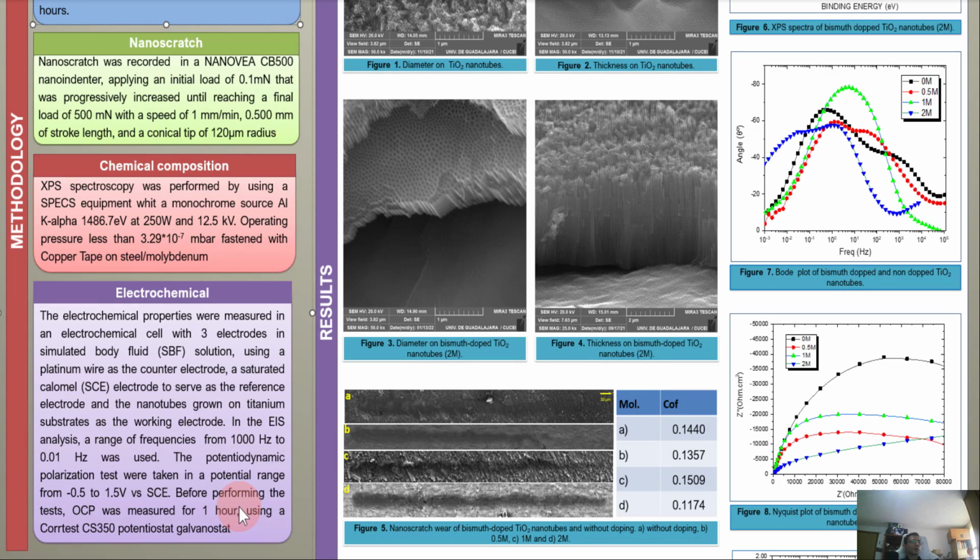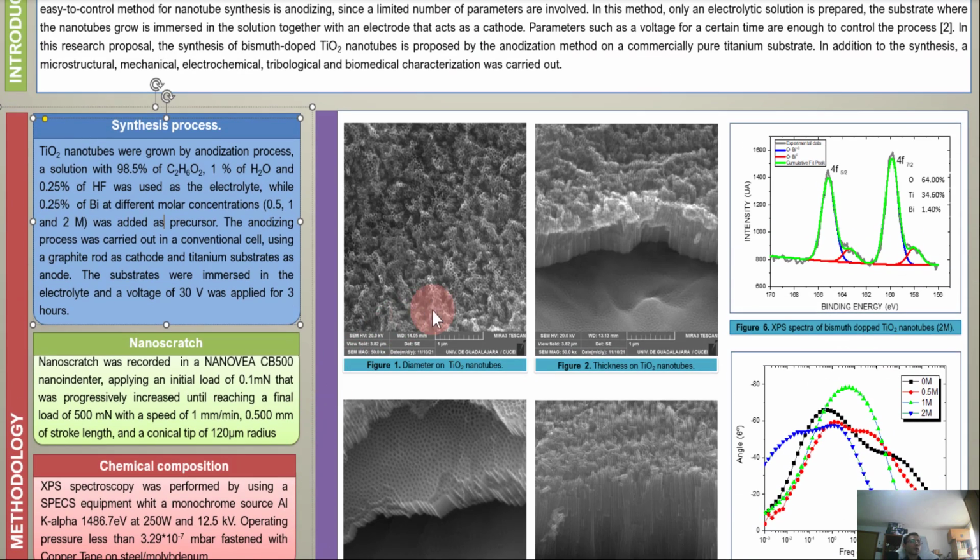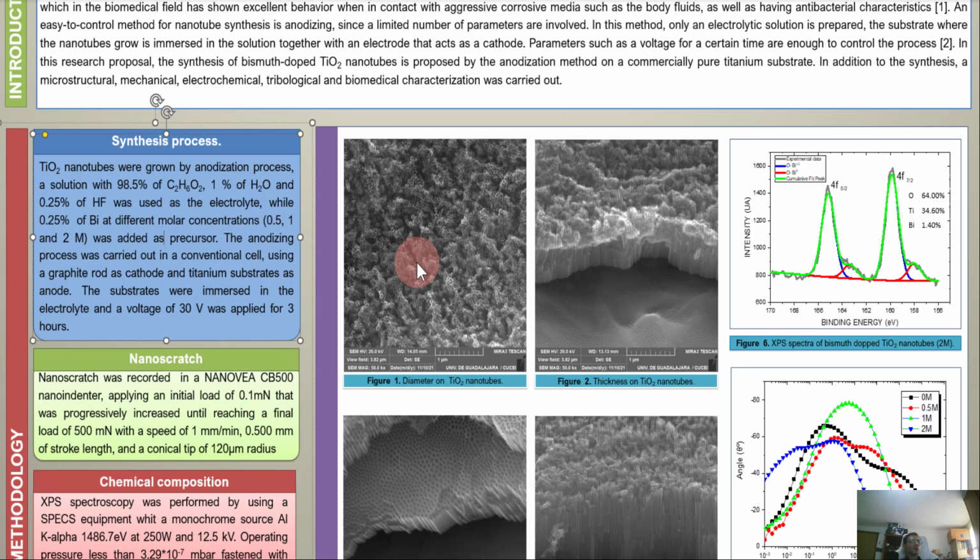So we can pass to the results section. In figure 1, we can observe the diameter of the nanotubes without doping, and in figure 2, we can see the diagram of the nanotubes without doping, which is near 500 nanometers.